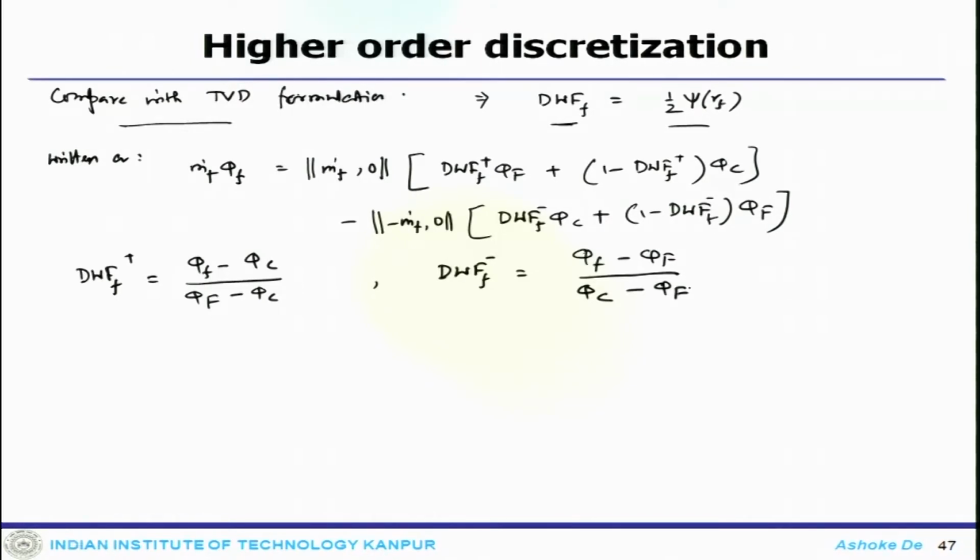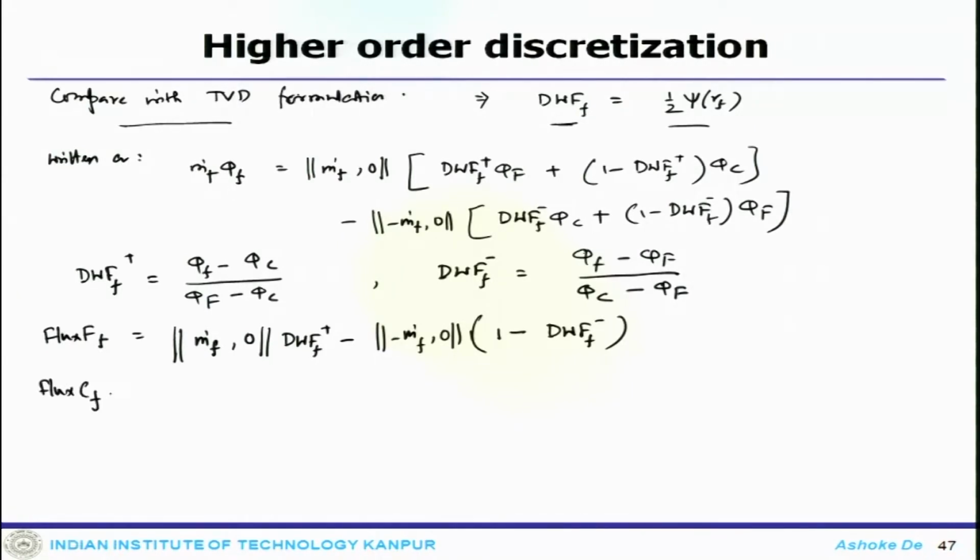So now the flux coefficients can be written as: my flux Ff is m dot f 0 dWf plus minus m dot f 0 dWf minus, it is 1 minus dWf f minus, and flux Cf is going to be m dot f 0 1 minus dWf plus minus m dot f 0 dWf minus.